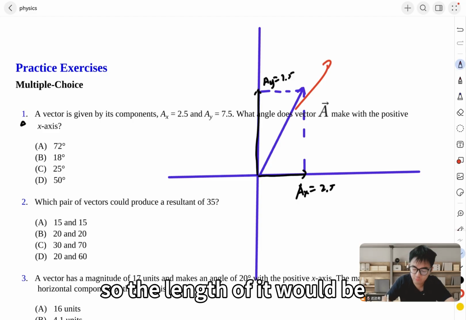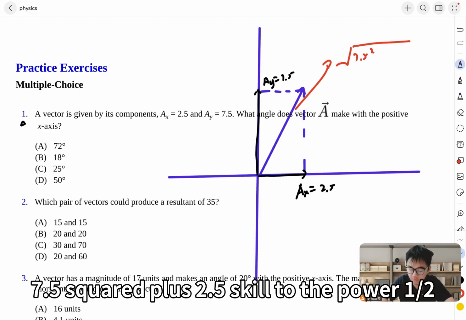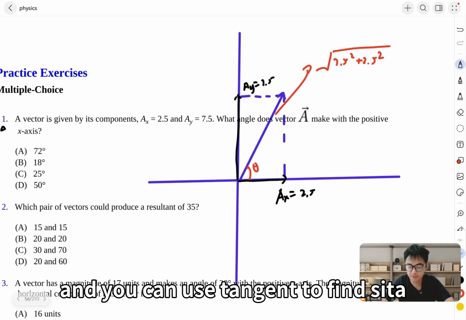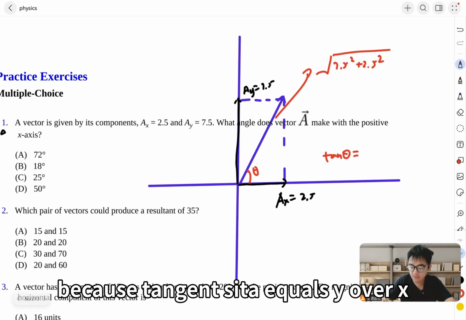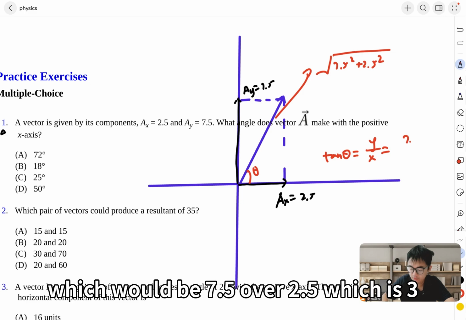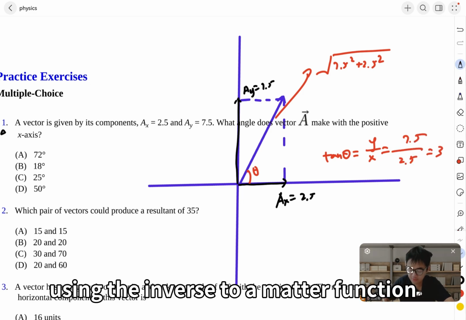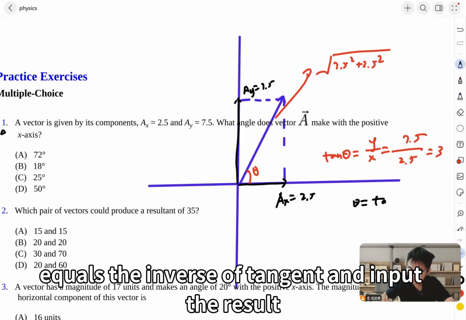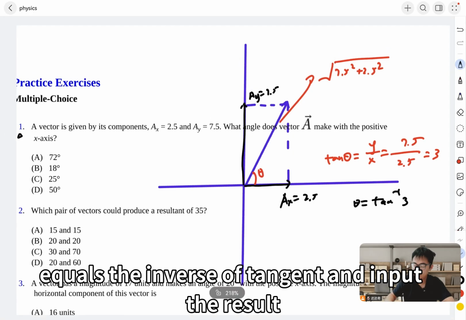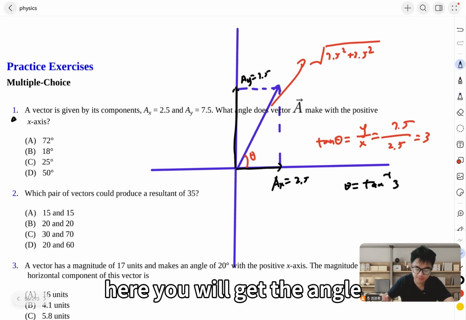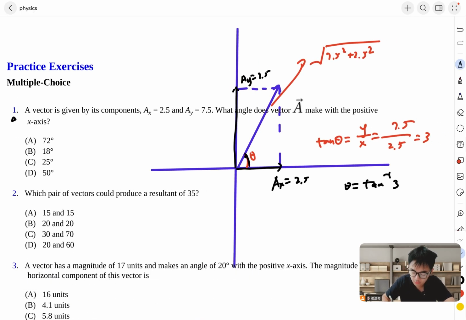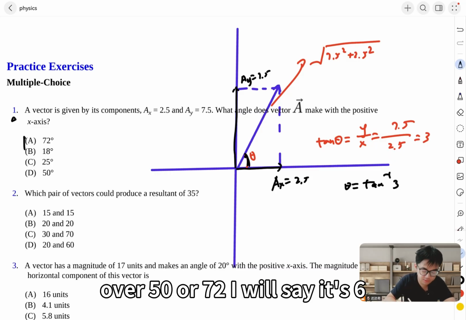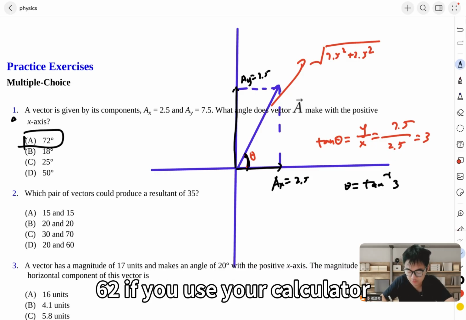So the length of it would be 7.5 squared plus 2.5 squared to the power of 1/2, and you can use tangent to find theta, because tangent theta equals y over x, which would be 7.5 over 2.5, which is 3, and use your calculator using the inverse trigonometric function. So theta equals the inverse of tangent, and input the result here, you will get the angle. So it's probably over 50 or 72. I would say it's 62 if you use your calculator.